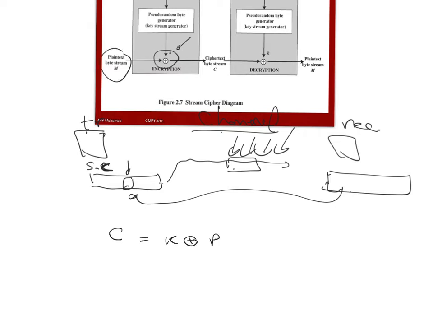If the attacker is using a known or chosen cipher text only attack, the only thing you have is the cipher text.